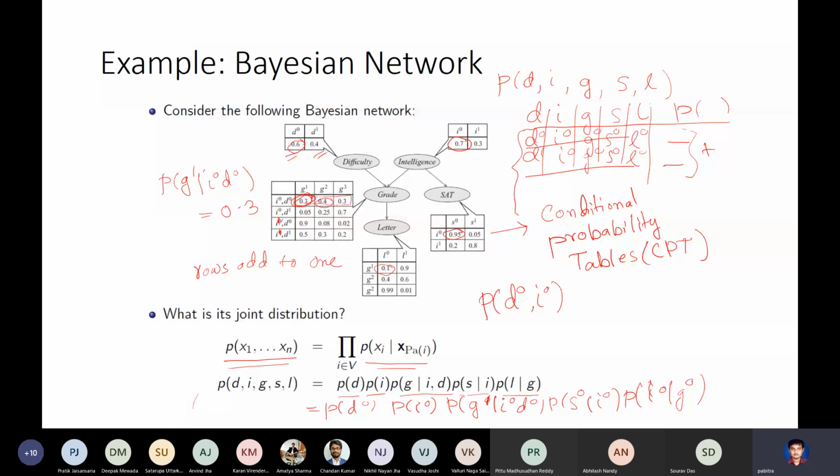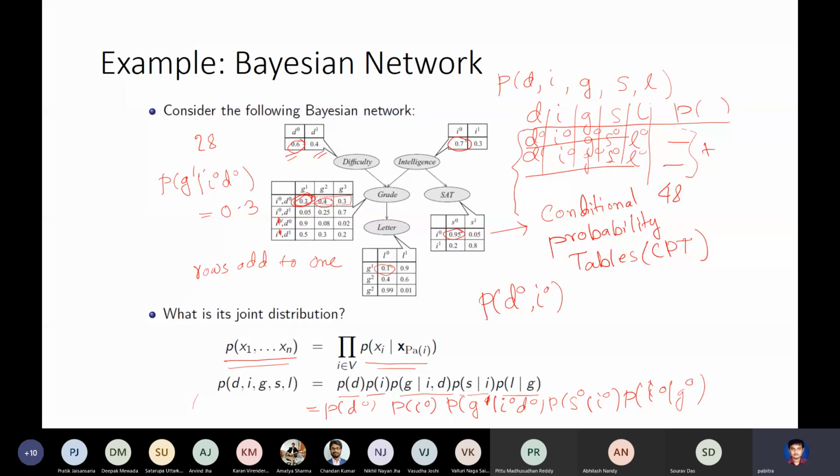Whereas here you need much less storage. You need 1, 2, 3, 4. And this is 3 times 4, 12. 12 plus 4, 16. 16 plus 6, 22. 22 plus 4, 26. Whereas this would require 48. So this table will have 48 rows, whereas here I have only 26 values in the tables.